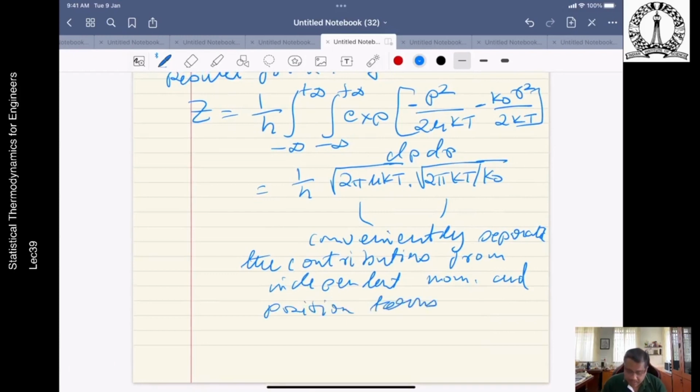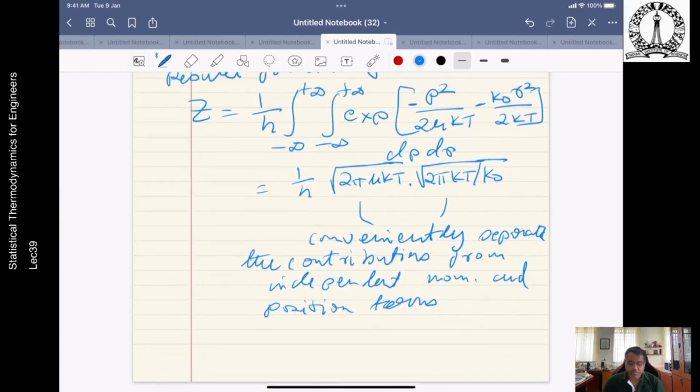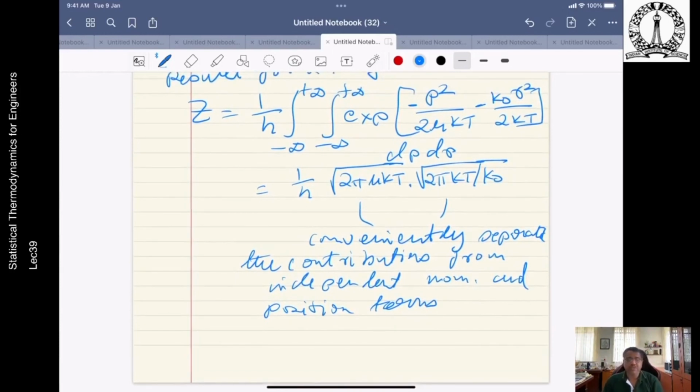Okay. So we have separated their contributions to the partition function.